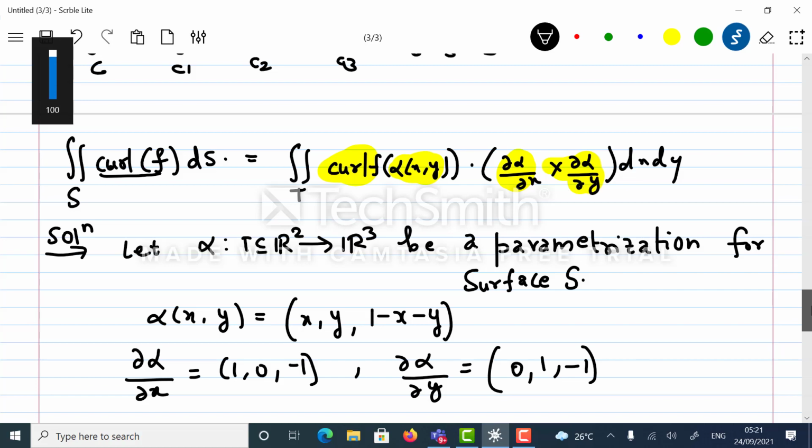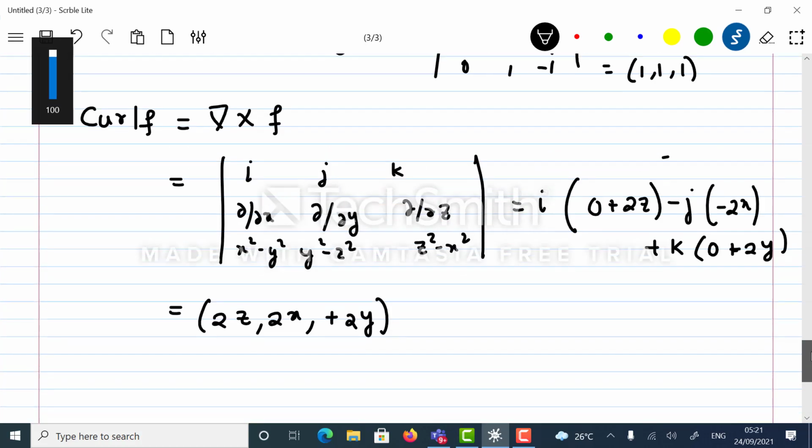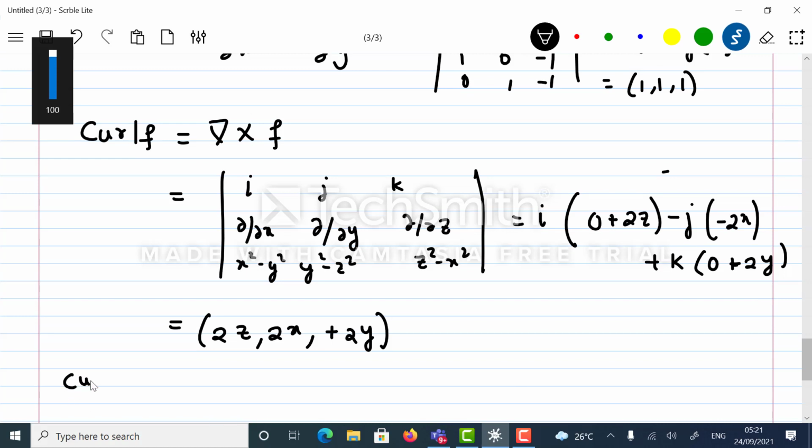So then curl f at alpha(x, y) I need to calculate. Whatever curl f we have here is basically evaluated at x, y, z.